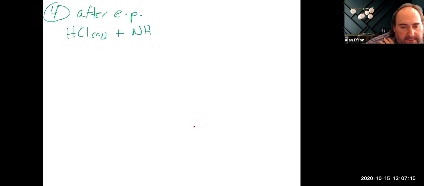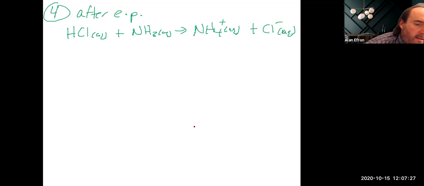So on that fourth step, once we're after the equivalence point, we are still having our same reaction, which is HCl in this particular example, and NH3. Again, I'll keep these separated so we can kind of look at them separately. But again, nothing wrong with actually keeping the ammonium chloride together.